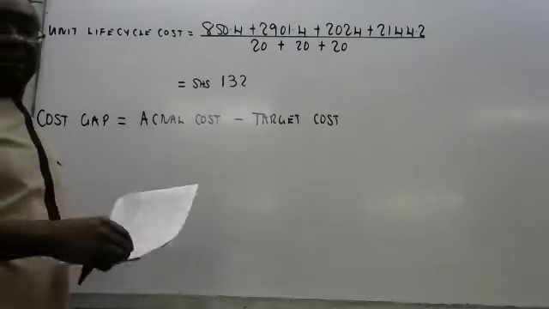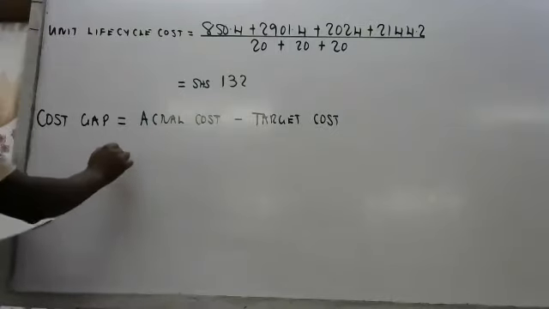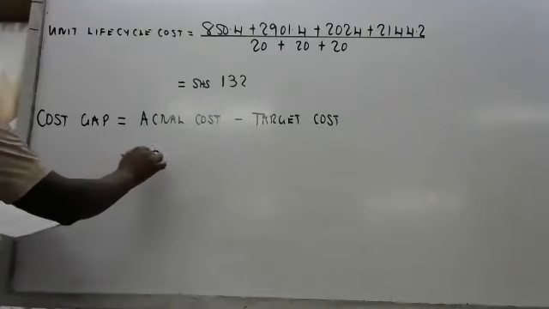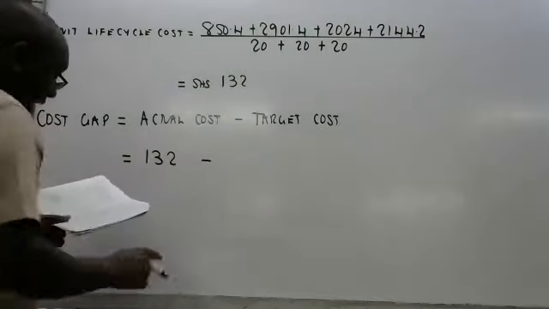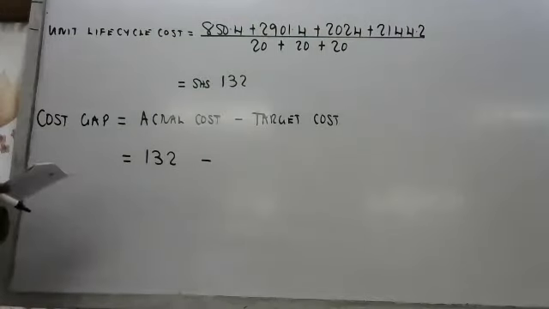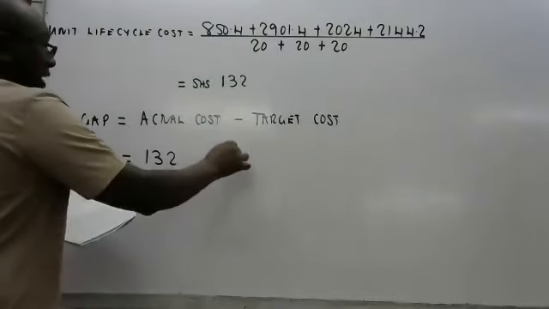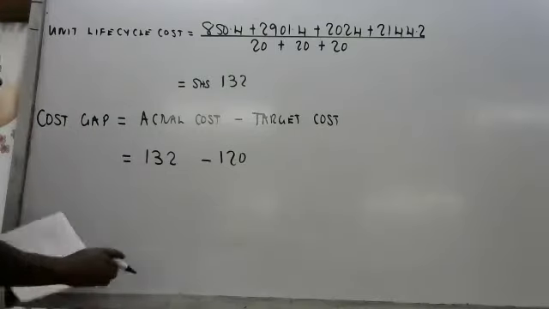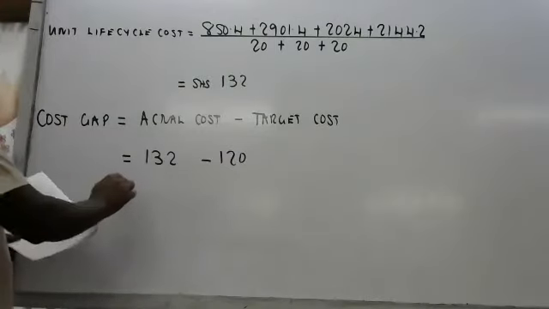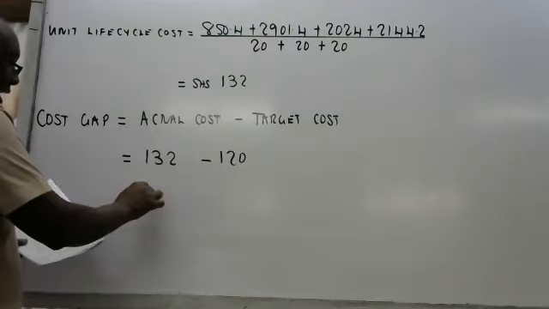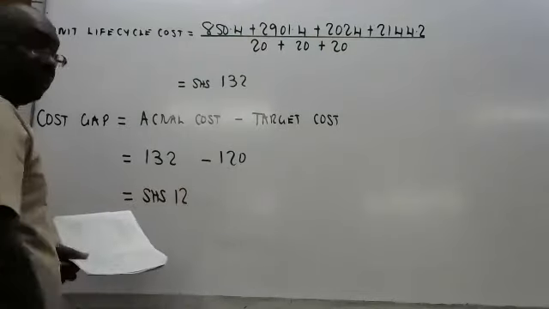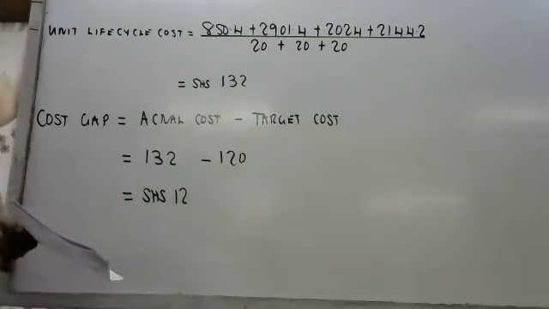So in this case, the actual cost is this 132, and the target cost is what the marketing manager believes the customers can pay. So that gives us a gap of 12.